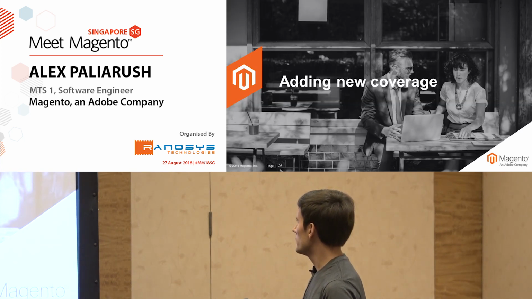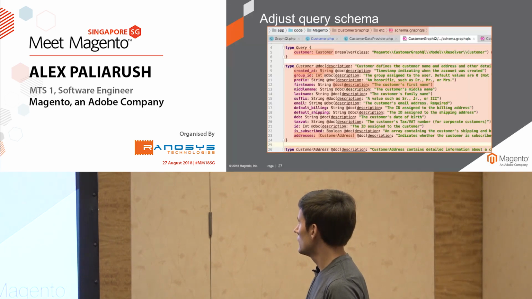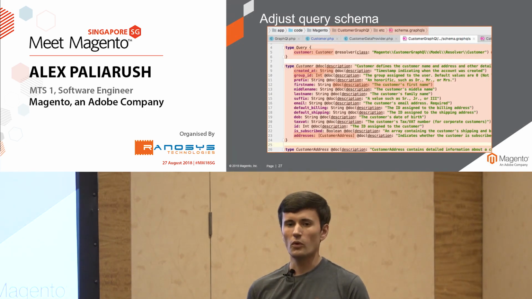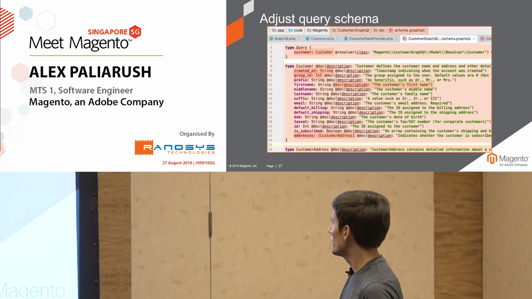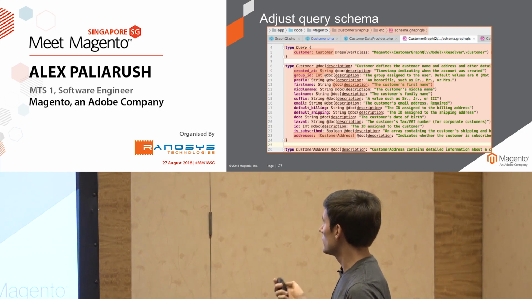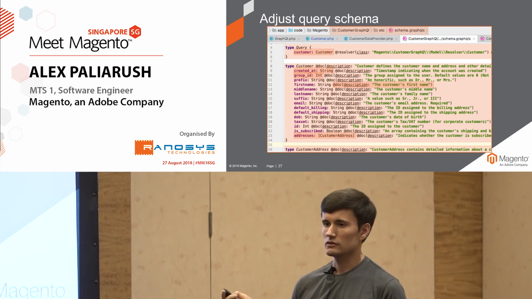So how do you add new coverage? This is actually a two or optionally three-step process. First of all, you need to define your schema. For that, you go to your configuration and define schema.graphqls file. And any GraphQL configuration is defined in so-called SDL.